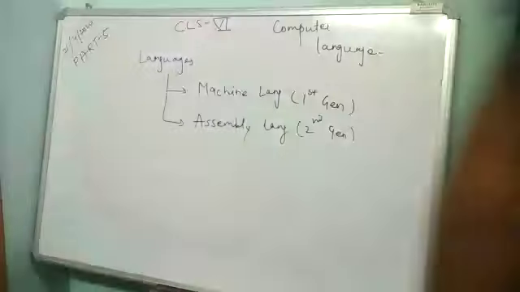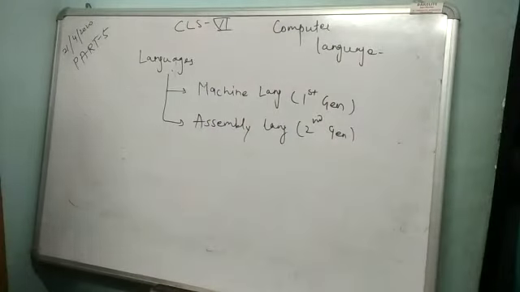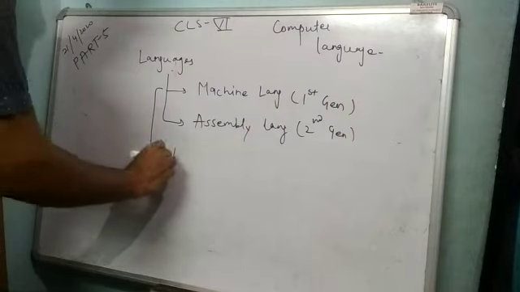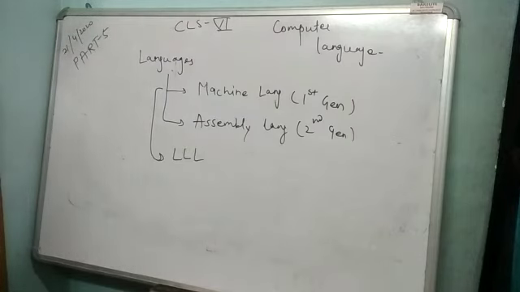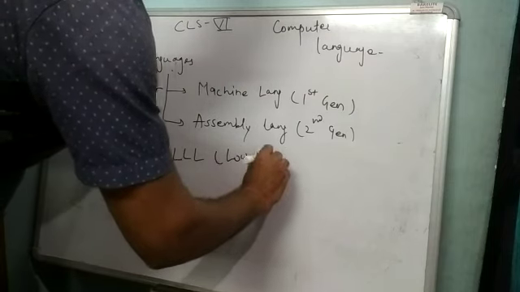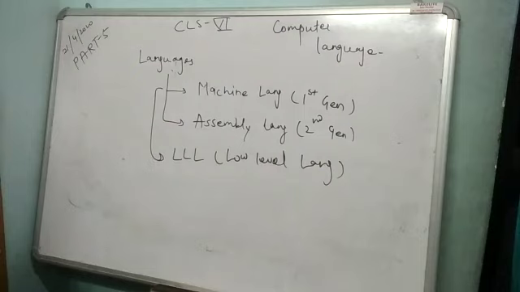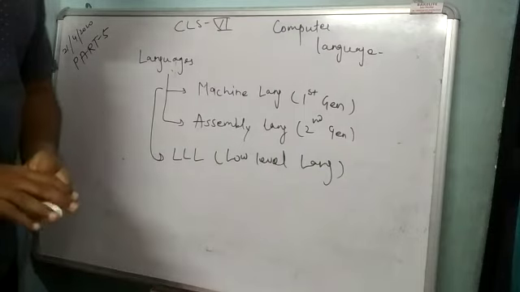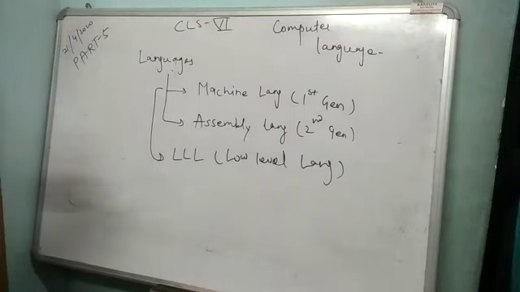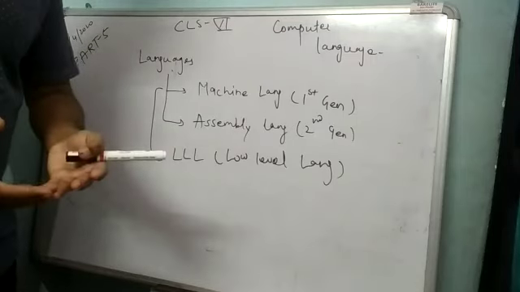What is machine language? Machine languages are also termed LLL, triple L, which means low level language. Why are these low level languages? Because machines specifically use machine-oriented languages.